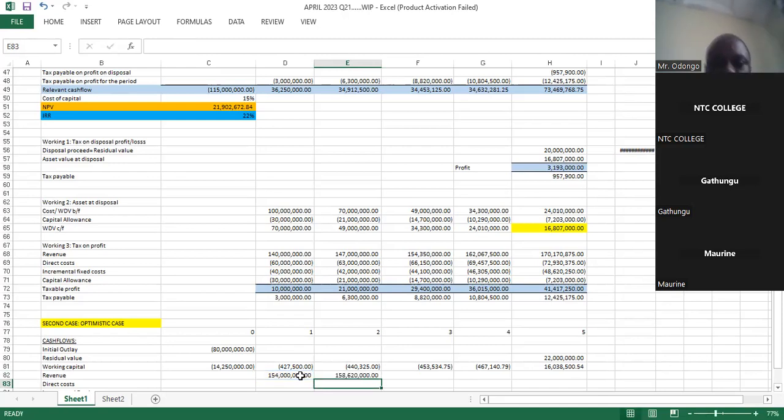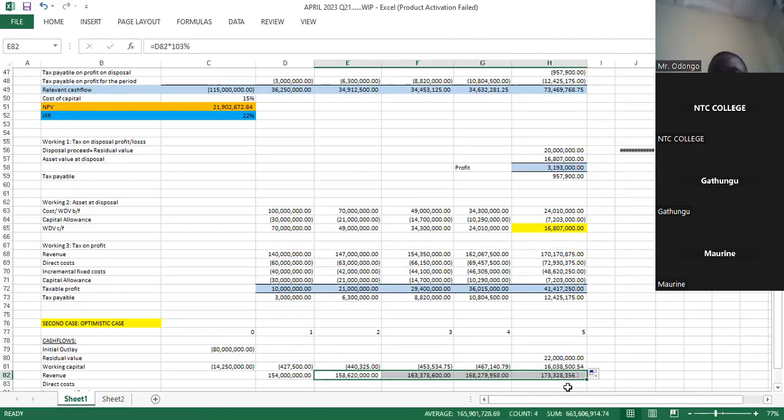That will mean period 2, we have 158,620. I'm trying to move very quickly because I'm assuming you can remember what we did under the expected case. So we are doing more or less the same thing, only that I am now making changes for the optimistic case.